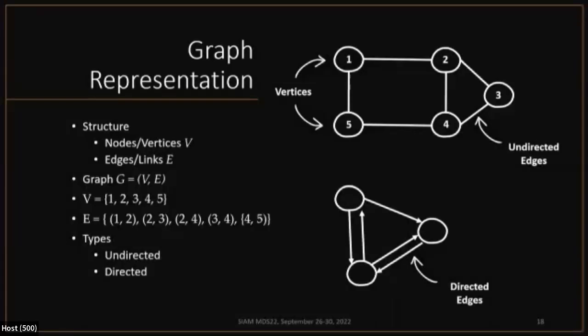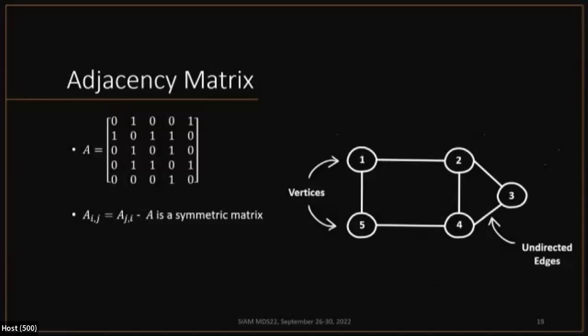A graph is composed of nodes, also called vertices, and also a set of edges, or links. We can have undirected and directed graphs. The example up there with 5 nodes is an undirected graph.